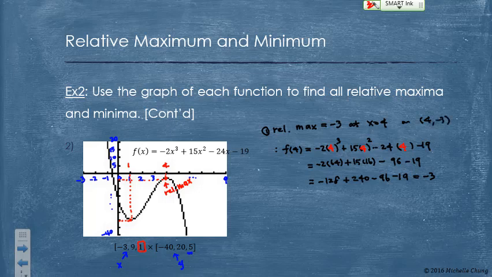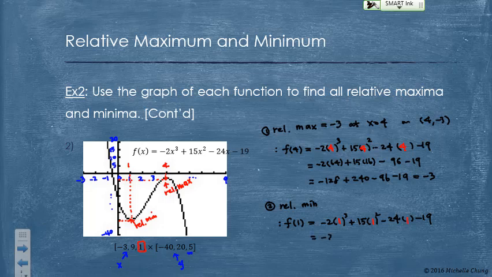And since the relative minimum is here, to find the relative minimum value, we have to evaluate the function with 1. So -2x cubed plus 15x squared minus 24x minus 19, and plug in 1 here.